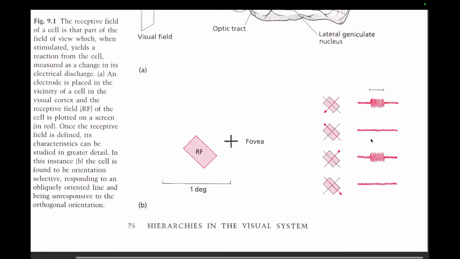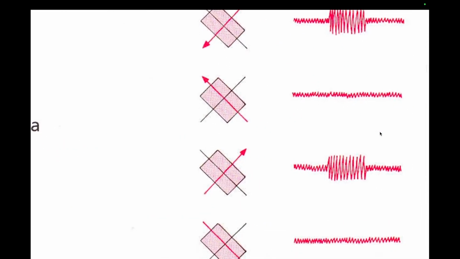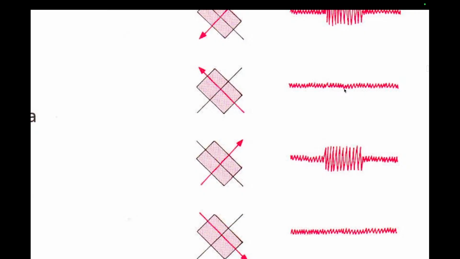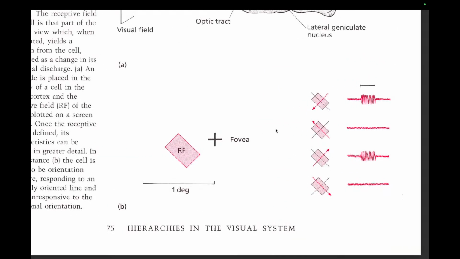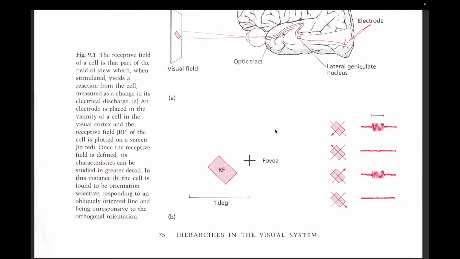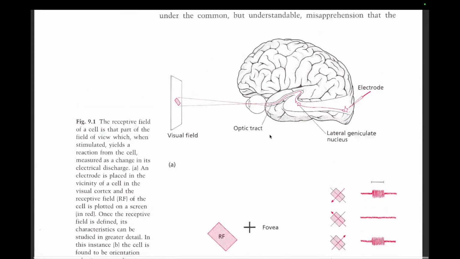In fact, there's a slight difference if you can spot it right here. This one is showing some drop in activity around the middle. This one isn't. So spotting these differences is extremely important when looking at the visual system.